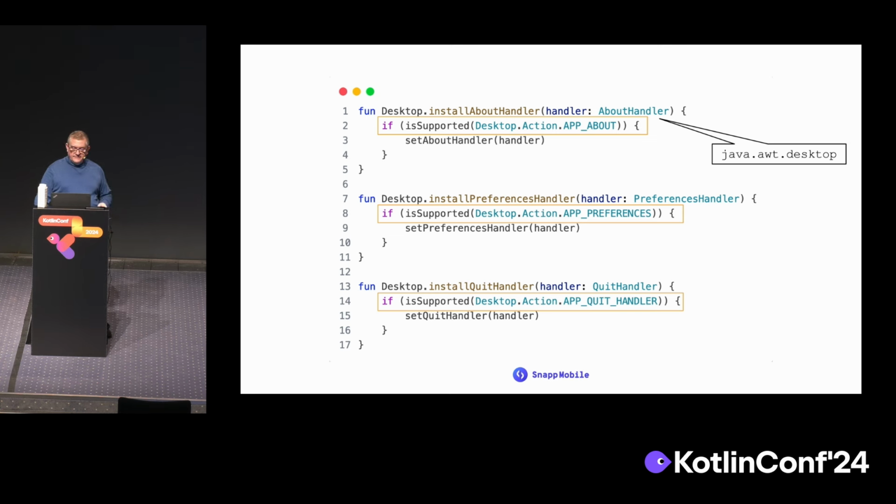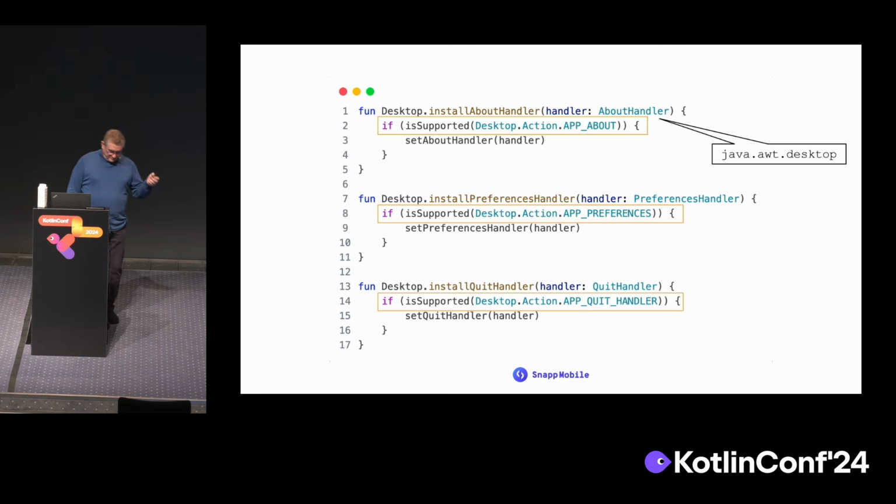I created sort of wrapper functions because we need to check if the corresponding handler is available on a particular platform. So we need to check, can I register an about handler or can I register a preferences handler? And it turns out this is the case only for macOS.